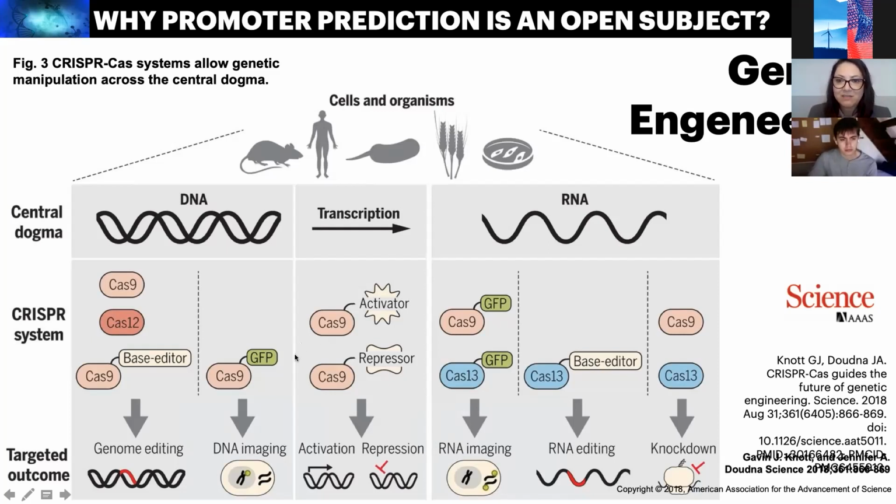It doesn't matter what the content of the gene is, or if there is some mutation or not, because the first step is promoter recognition. So a promoter that is recognized across organisms is very important to genetic engineering and other related techniques.